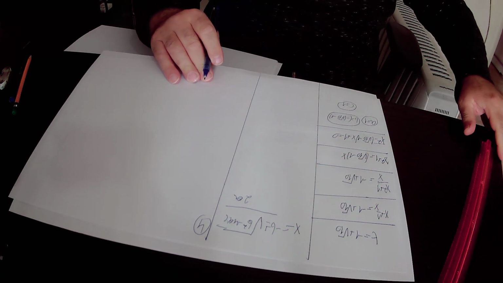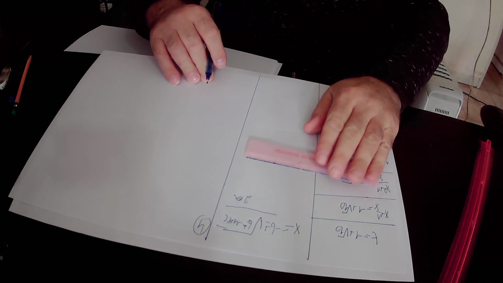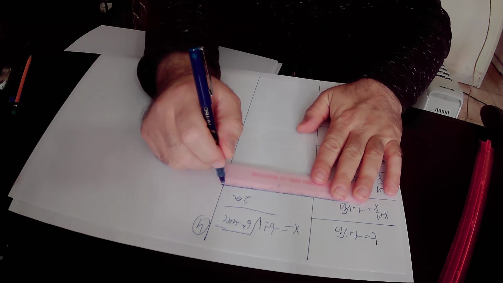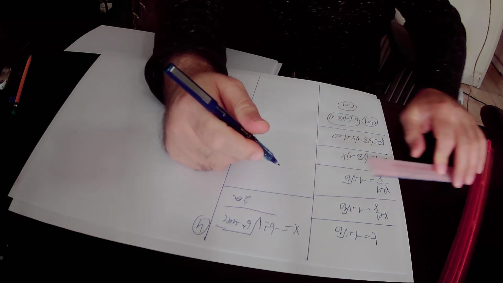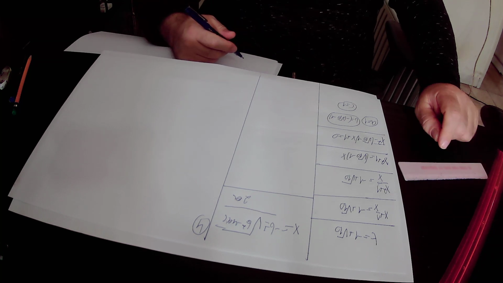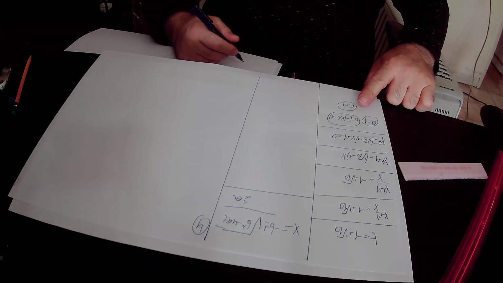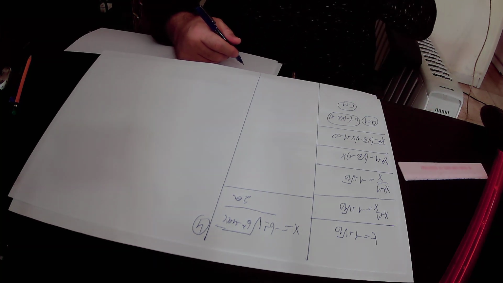And in our specific quadratic equation, a equals 1, b equals minus square root of 10 minus 1, and c equals 1.